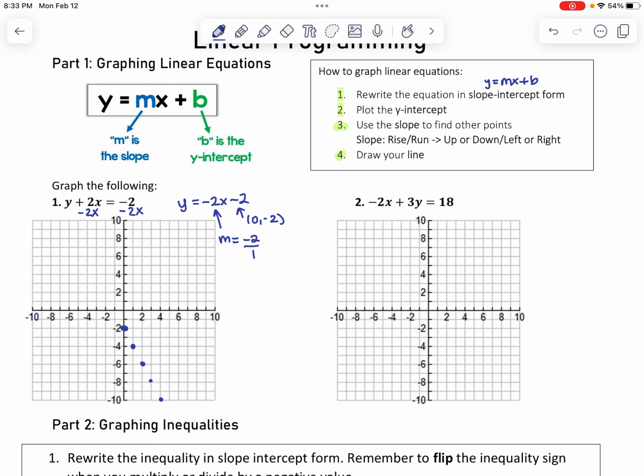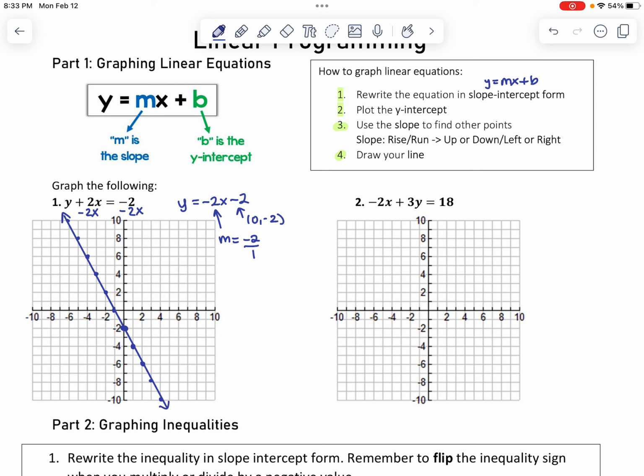So up 2, left 1, up 2, left 1, up 2, left 1. You can do as many points as you want to make a nice, neat line. And then we will connect the points for the final line for this linear equation.